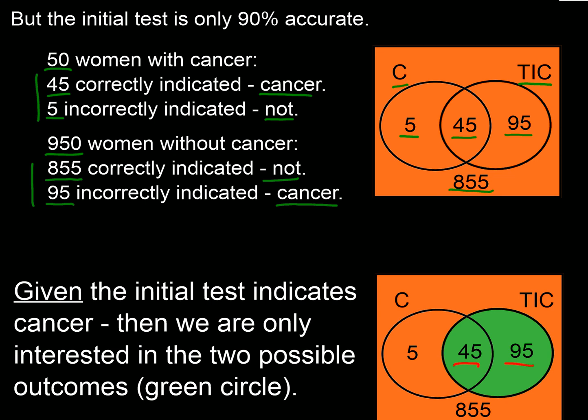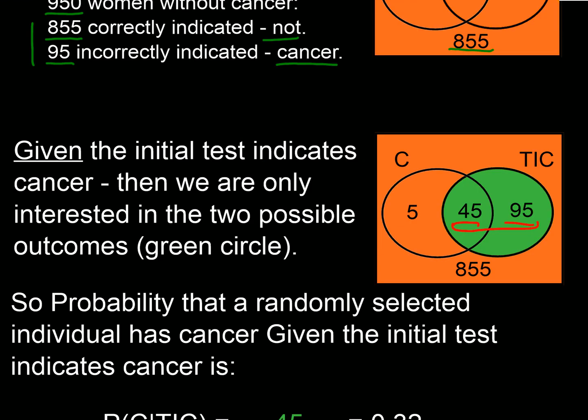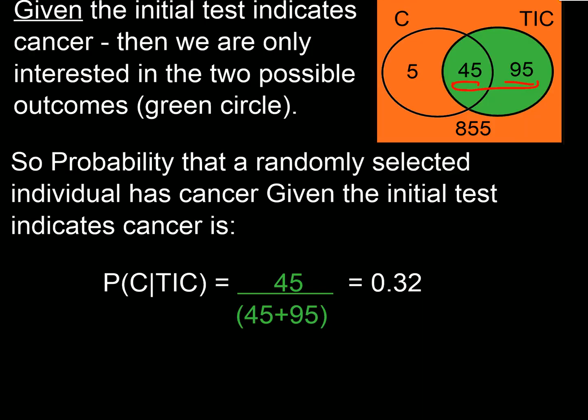If we randomly select a woman from within that group, how many is it? It's 45 plus 95, so it's 140 women. So what's the probability that if I selected somebody at random from that group she has cancer? Well, it's the 45 out of the total. The total in this case is 140, isn't it? 45 out of 140, and that probability is 0.32.